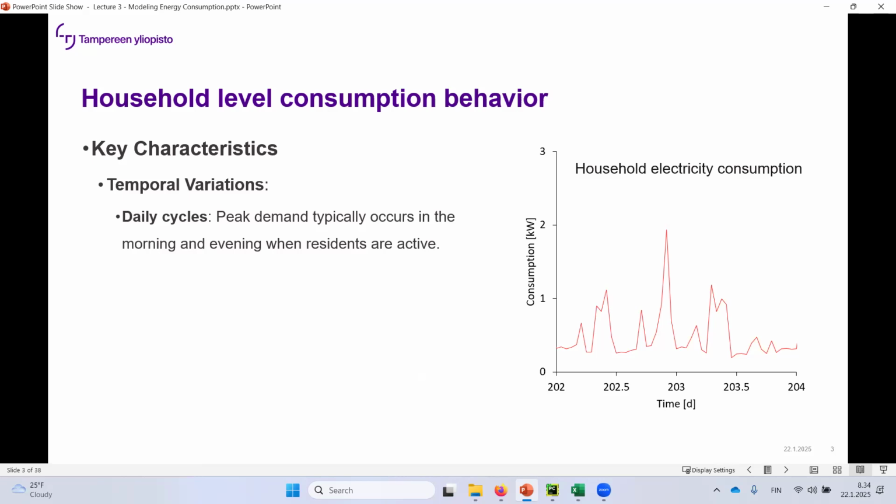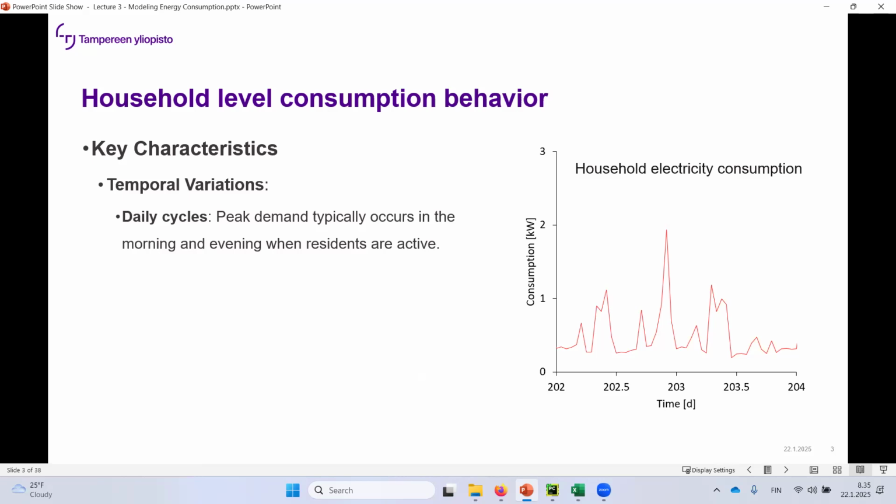Key characteristics related to household level consumption, well, in all consumption behavior, are usually temporal variations. There are some facilities that run pretty much on flat consumption, flat meaning that it's constant. But a household's consumption usually never remains constant for longer than 15 minutes or an hour. It always changes. So there are daily cycles. Peak demand typically occurs in the morning and evening when the residents are active.